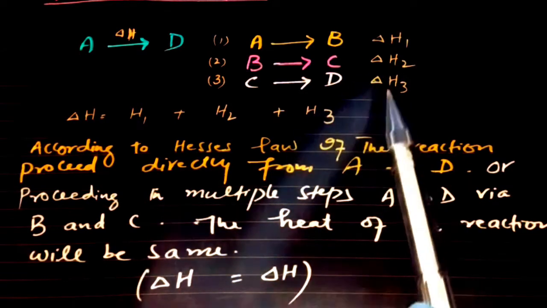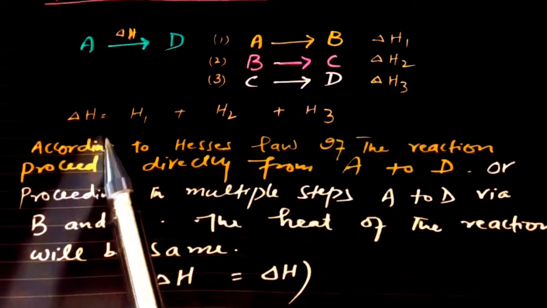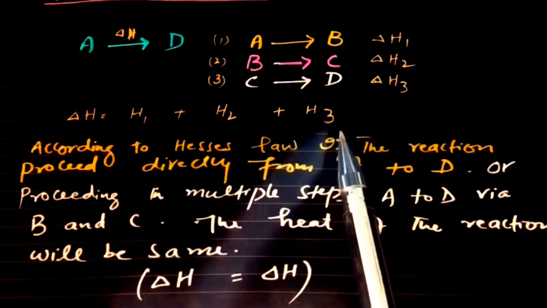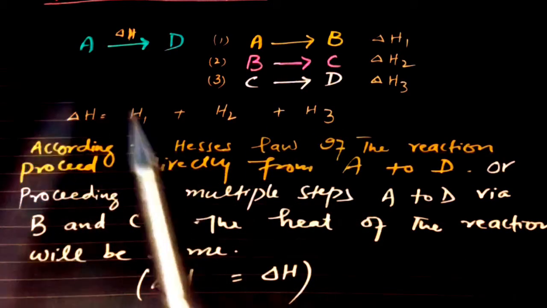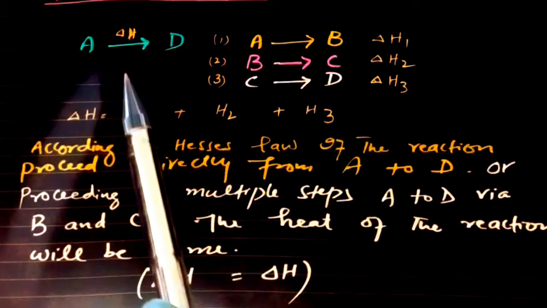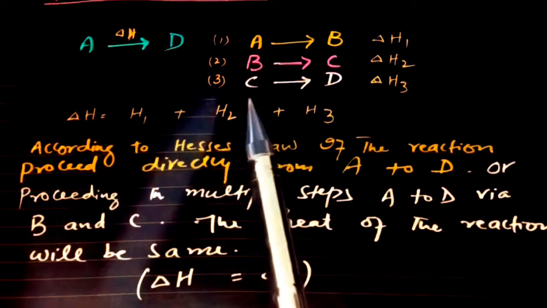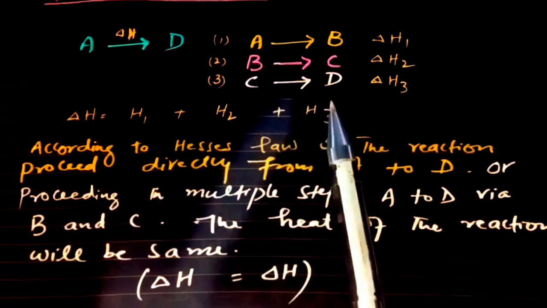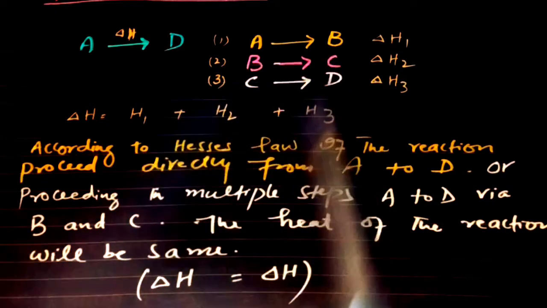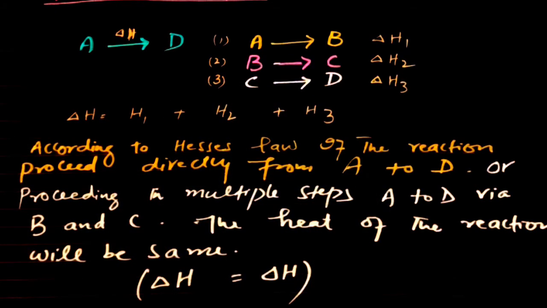Now the summation of all these will be equal to delta H, that is delta H1 plus delta H2 plus delta H3. Now if we see the delta H for converting A directly into D and the delta H for converting A indirectly into D with intermediate steps, these both are the same.